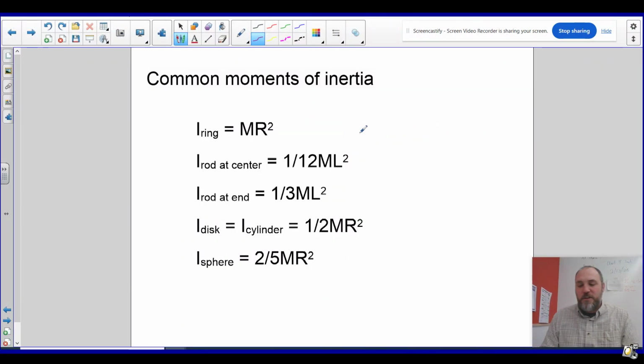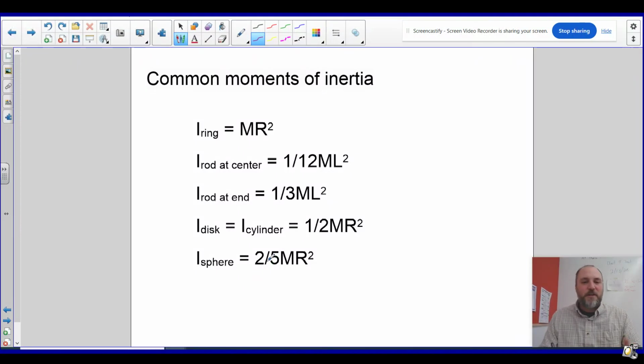There are some moments of inertia that I would ask you to memorize. We don't do a lot of memorization in this course, but it will help you for the most part on the AP exam if there's an object given like a ring or a sphere or something like that. Typically, 99% of the time, they're just going to give you the moment of inertia, one of these equations.